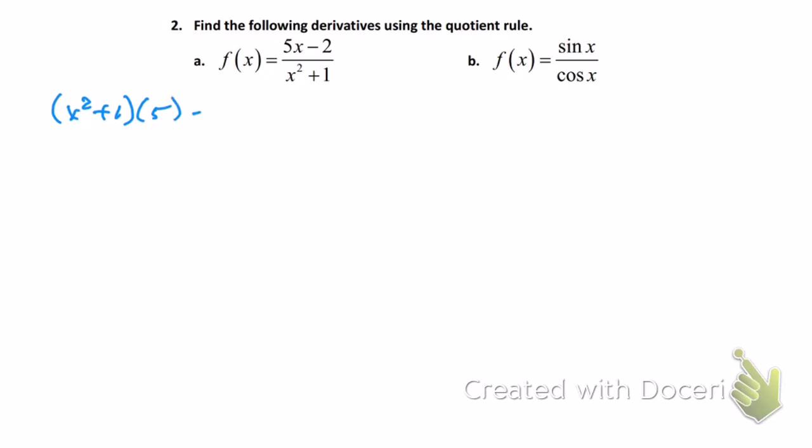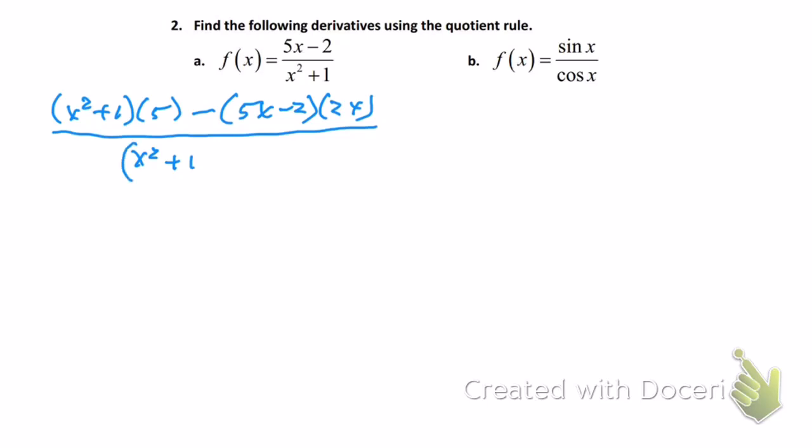All right, minus the first function times the derivative of the second function. So 2x. Good so far? All that's over x squared plus 1 squared.